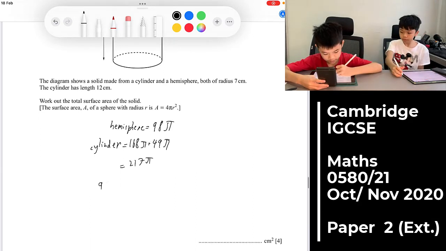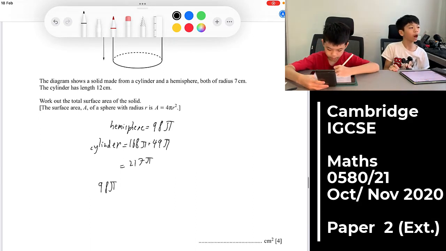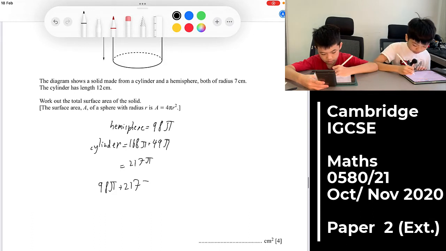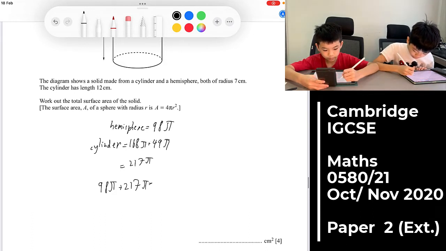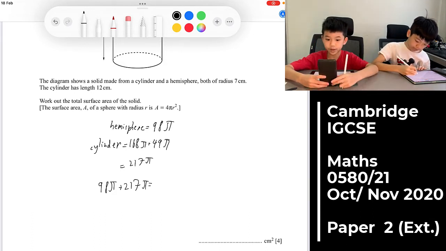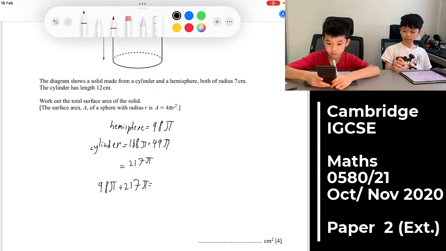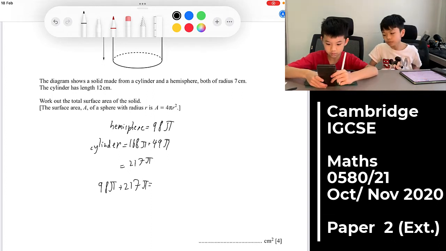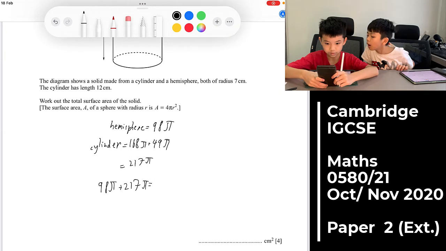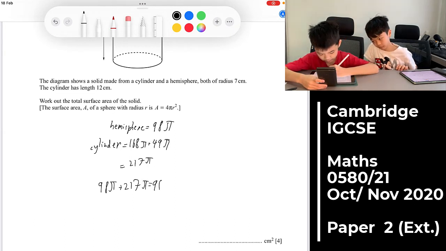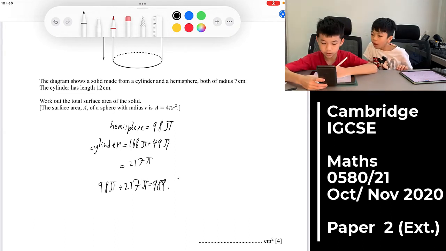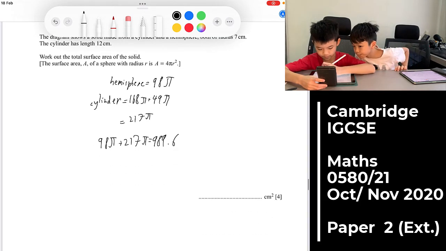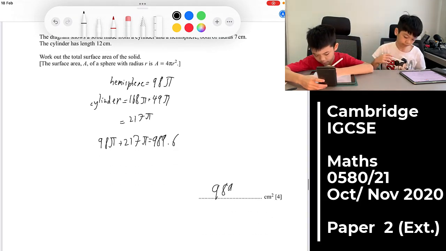So 98 pi plus 217 pi equals, so that's the final answer. So it's 989.6, full stop. 989.6.